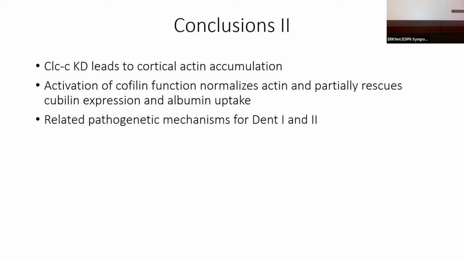And this could also suggest that treatments that you have for Dent disease 2, like alpelisib, could potentially also work in Dent disease 1. So the last final question is, what about mammalian OCRL? I showed you a picture from the OCRL knockout mouse in the beginning, and we have an ongoing collaboration with the group of Olivier, in particular Marine, to study in how far we can reproduce these phenotypes in the knockout mouse.